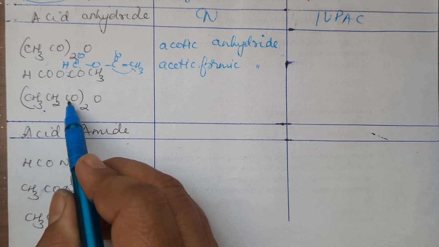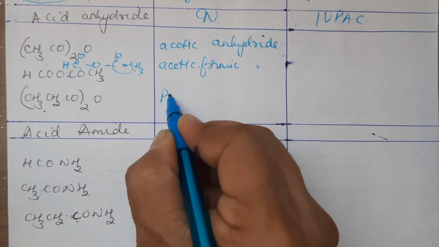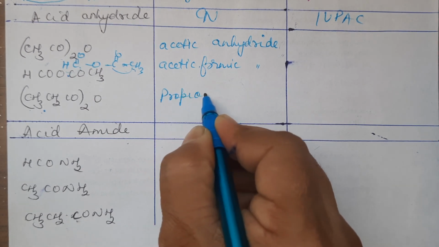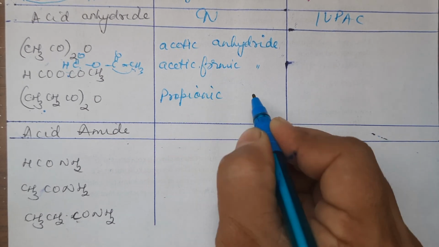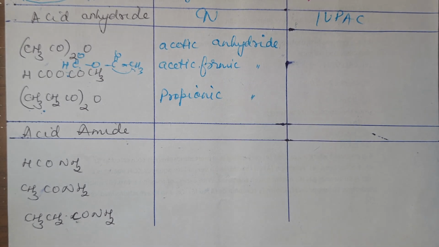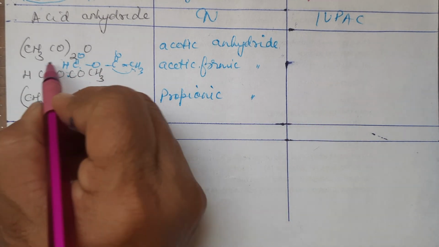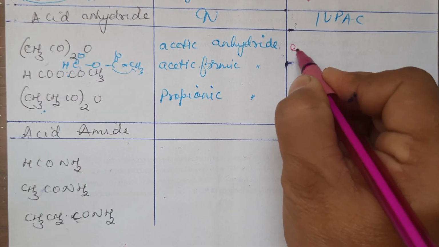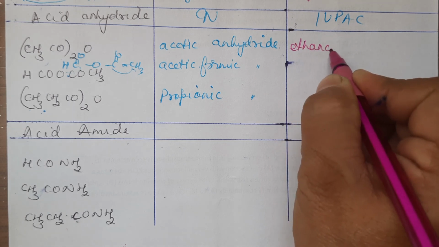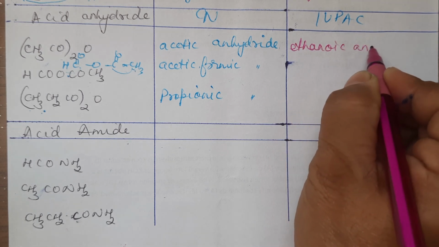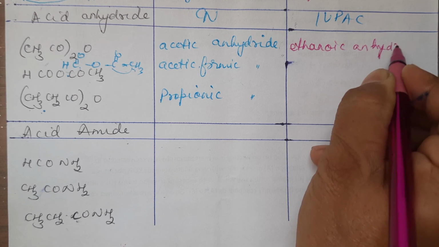Now in case it is obtained from the same acid again, this is obtained from the 3 carbon atom propionic acid. So the name is propionic anhydride. Clear? Now the same way, whatever acids we have named, the same rule is applicable here. It is obtained from acetic acid, so it is ethanoic anhydride. If it is obtained from only one type of acid, you are going to name it once.